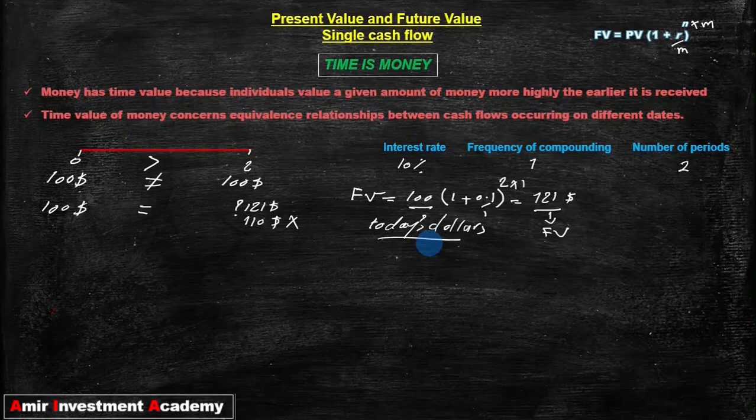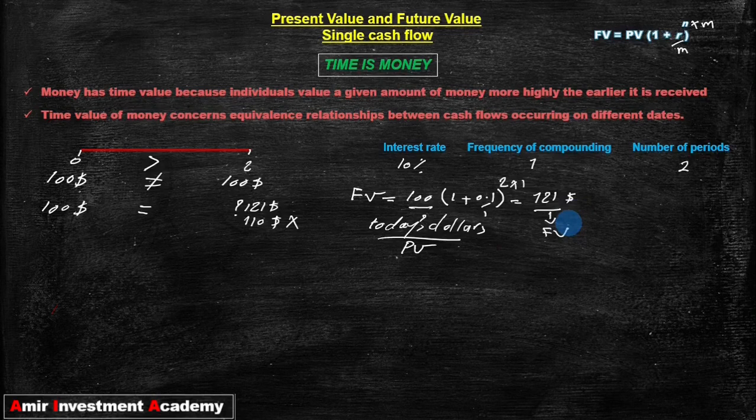So $121 is $100 in terms of today's dollar. So that's the present value. So $100 is the present value of $121.